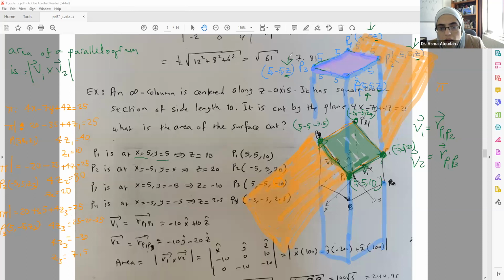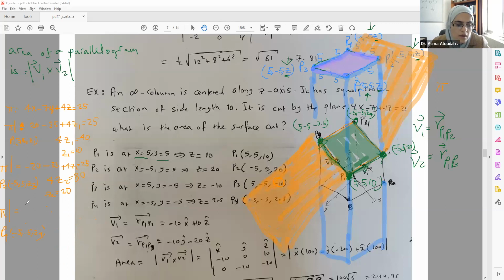And then the last thing is point P4, pi at P4. P4 is given by minus 5, minus 5, and Z4.